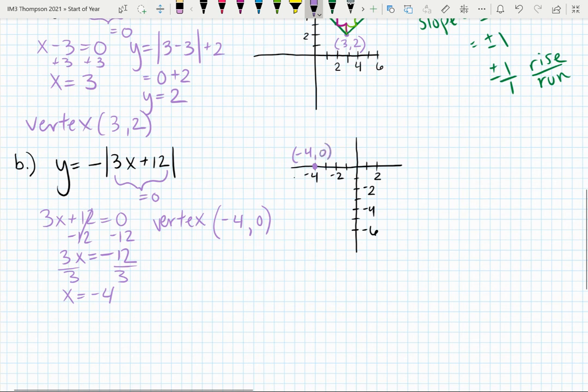Because this graph is going to open down, not up. You can always adjust it by just changing your scale on the y-axis instead of erasing the whole thing.